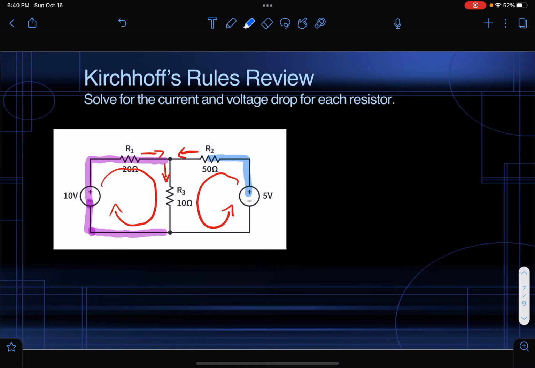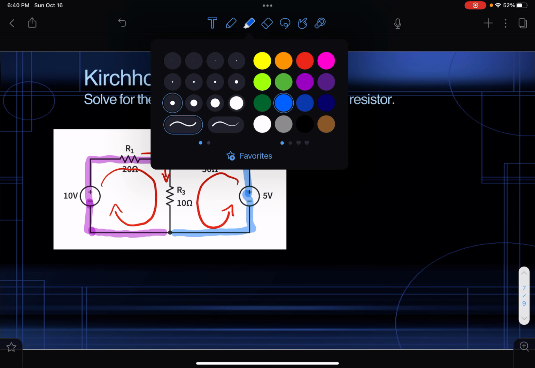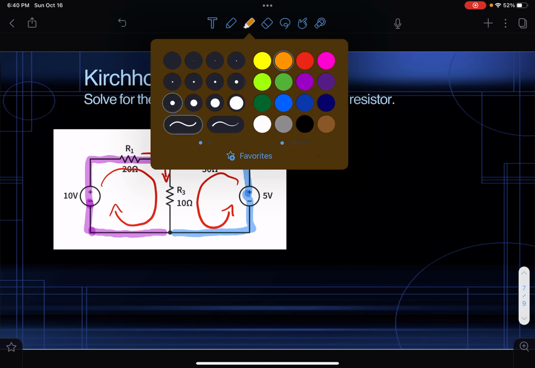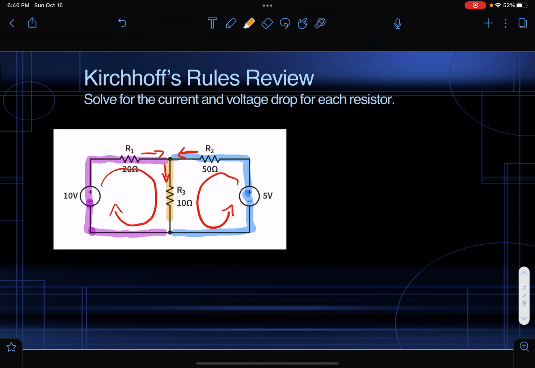So once again, I know I've got a current going through here that comes back around to here. And then I have a different current that is coming through here. So when we're doing these loop rules, you're not going to have I1, I2, I3, I4, I5, I6, and so on like we did in the combination circuits. Instead, we're just going to have 3 I's, unless we're doing an even more complicated one, but I do not think I gave you one that complicated.